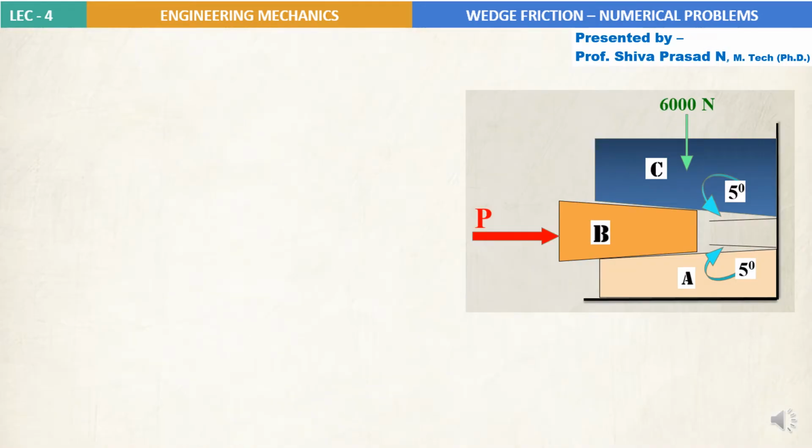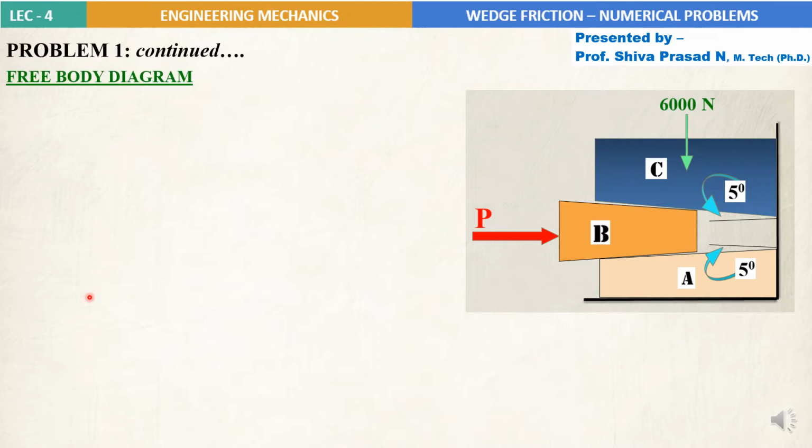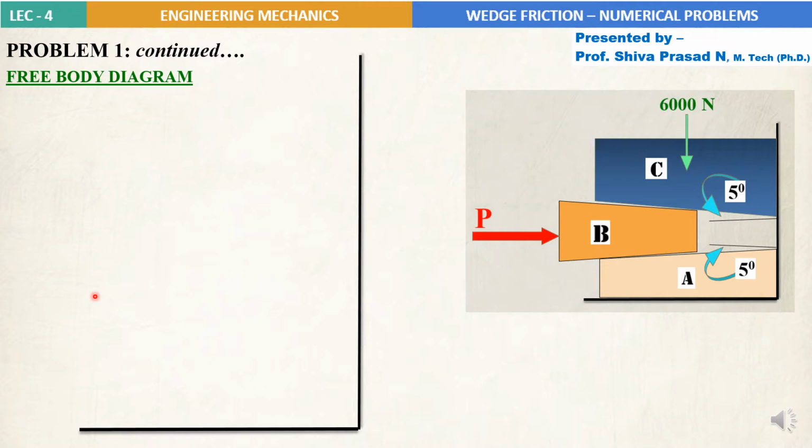Continuing with the problem, let's begin to draw the free body diagram for this entire arrangement of wedges and stone block. We consider the floor level and the vertical wall as such. At the lowermost level we have wedge A, in between we have wedge B, and of course we have the stone block C at the top.